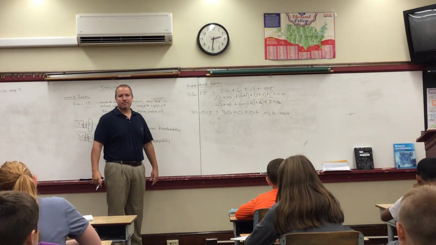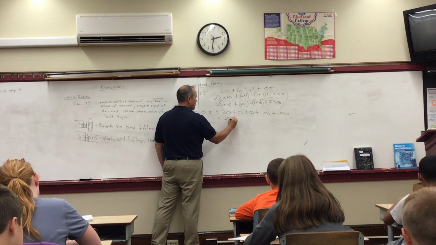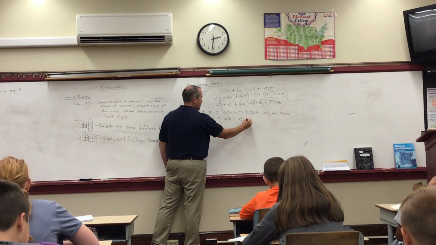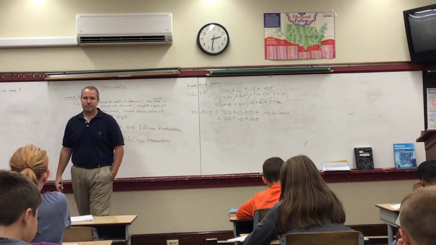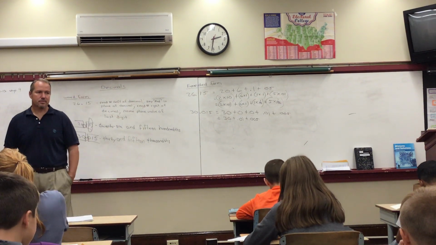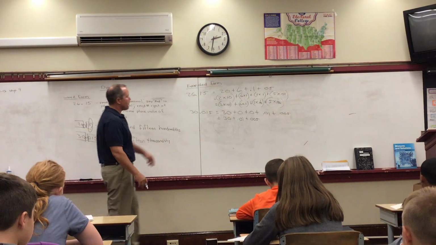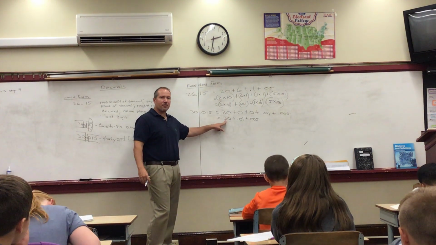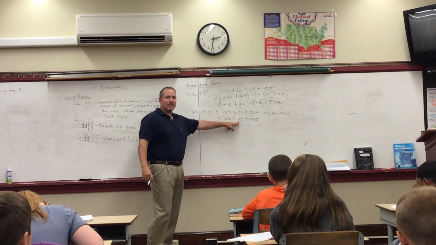And so you may see it at times like this. 30 plus 1/100 plus 5/1000. When you see it like this, you know that this 3 is in the tens place because it's 2 places to the left of the decimal. This 1 is in the hundredth place because it's 2 places to the right of the decimal.